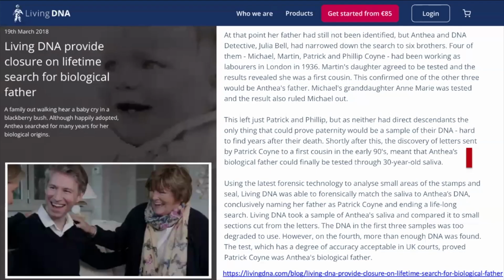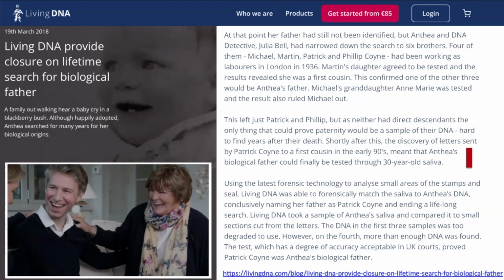And using that technique, people like Anthea Ring, who was found in a blackberry bush as a baby, abandoned, saved, she actually was able to, first of all, trace her mother, who had passed away some years before, and they managed to narrow down the father to one of 6 brothers. 2 descendants of 2 of the brothers tested and ruled out 2 of those brothers.